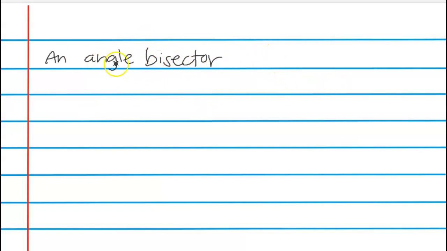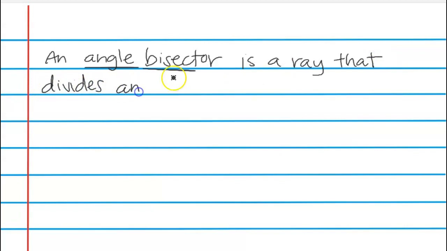So an angle bisector is a ray that divides an angle into two angles with the same measure.